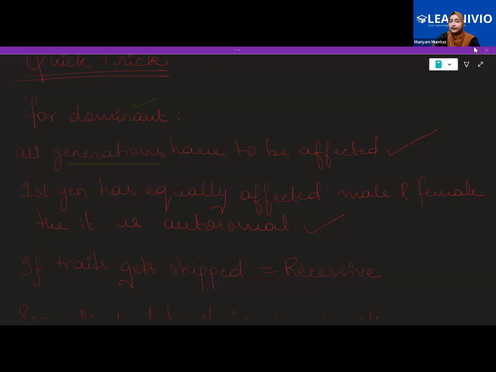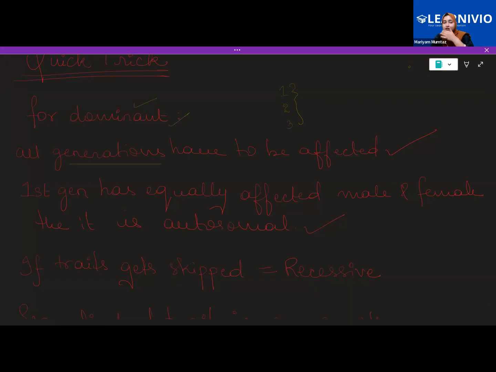If it is dominant, how will you find out? If it is appearing in every generation. If it is appearing in the first, second, and third generation, meaning one or more affected individuals are present in all generations, then you will say the disease is dominant.